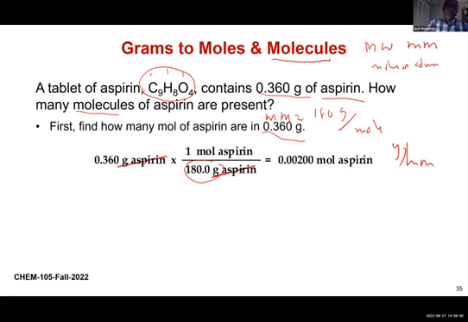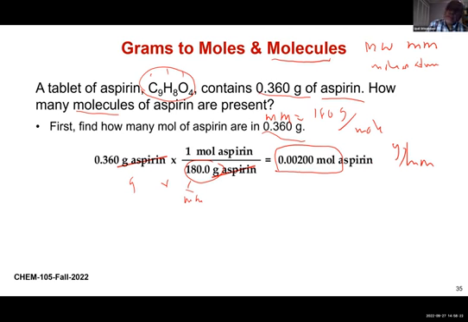So this is grams multiplied by 1 over molar mass. You get 0.00200 aspirin moles.